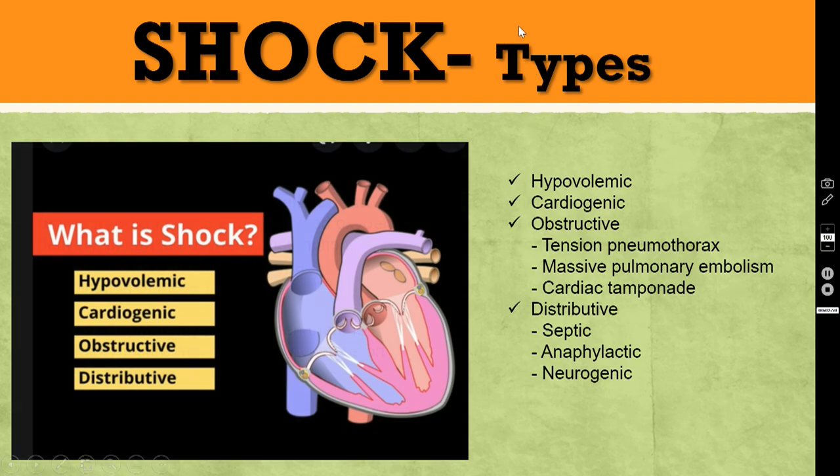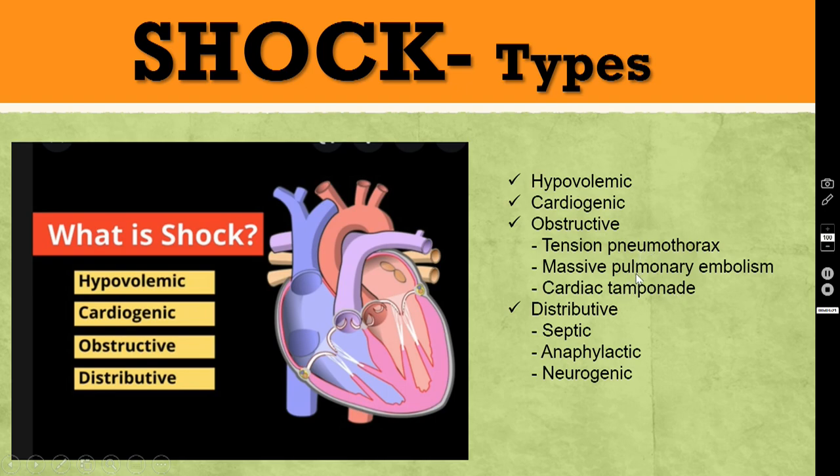Coming to the various types of shock, there are basically 4 types: hypovolemic, cardiogenic, obstructive, and distributive. Under obstructive, there are 3 types: tension pneumothorax, massive pulmonary embolism, or cardiac tamponade.